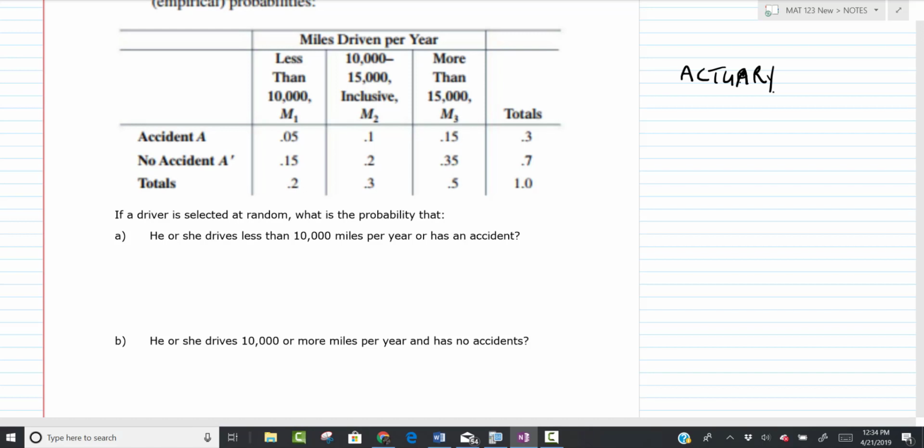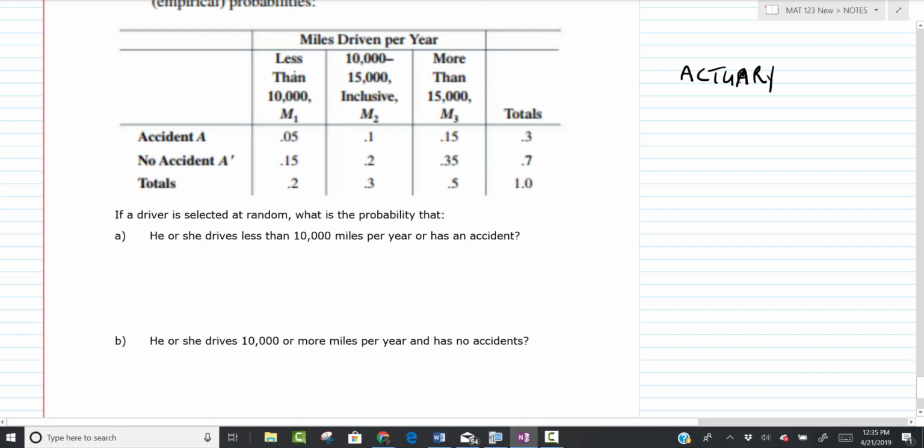So the idea is they take probabilities and they try to establish risk and figure out how to charge customers in such a way so that things can be covered. So it's risk management. What this particular problem is saying is this is the miles driven per year.